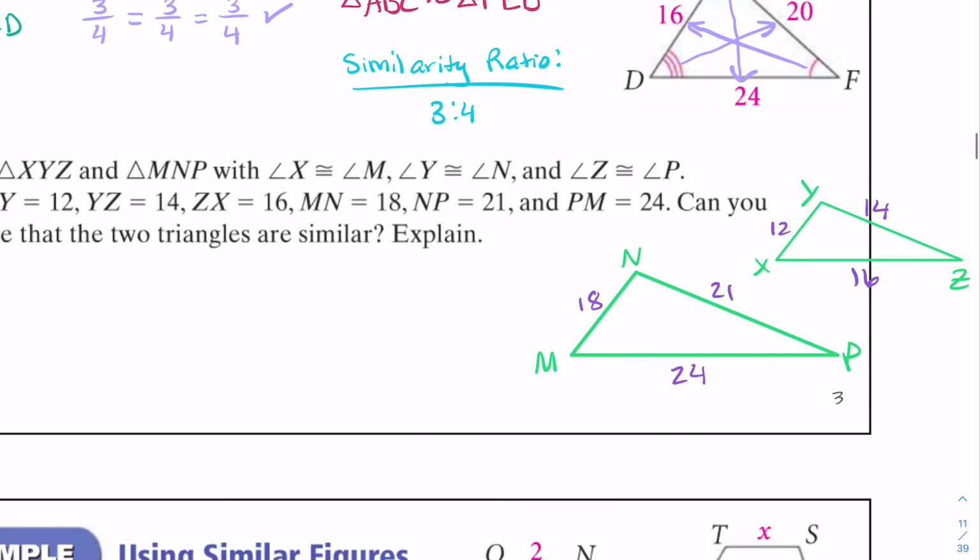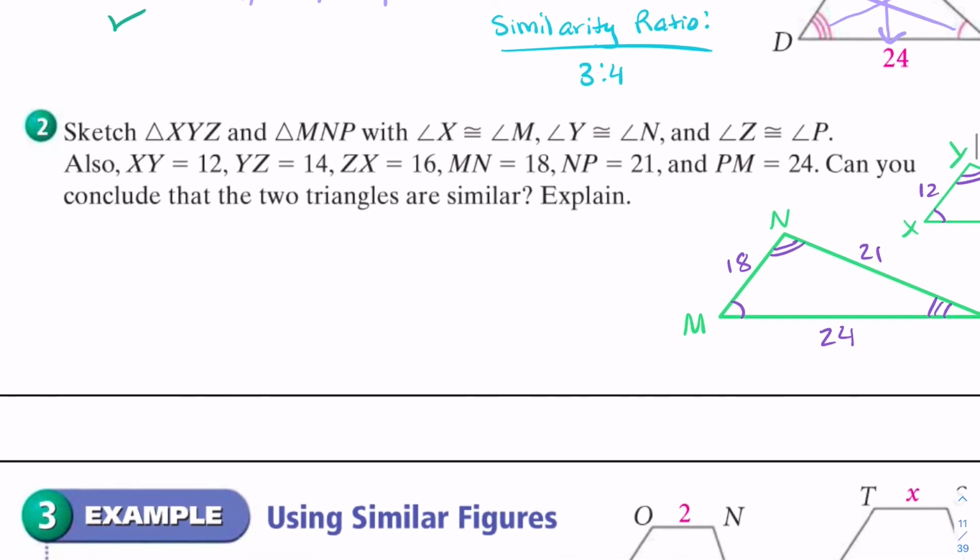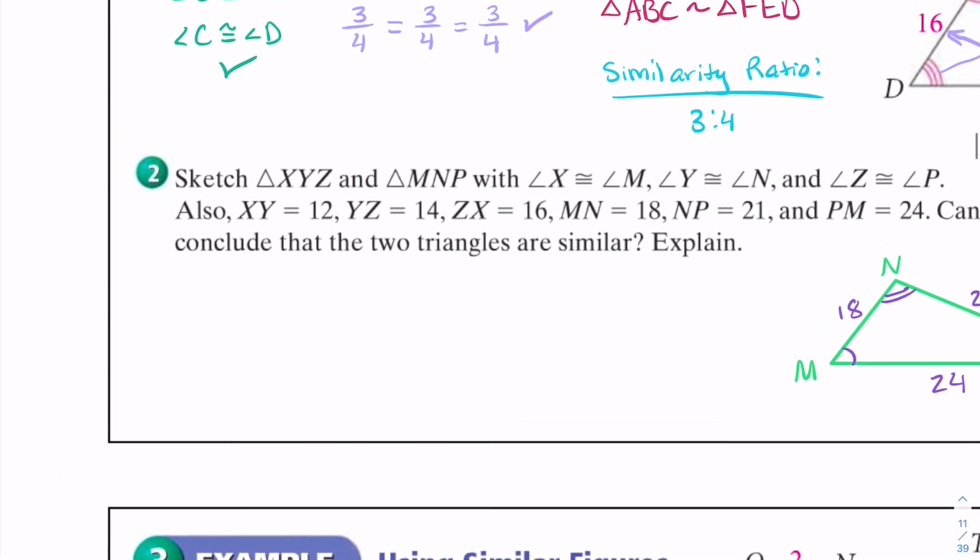We know that X and M are congruent. It says that Y and N are congruent, and then Z and P are congruent. And okay, can you conclude that the two triangles are similar? So we already have our angles, so that's awesome.